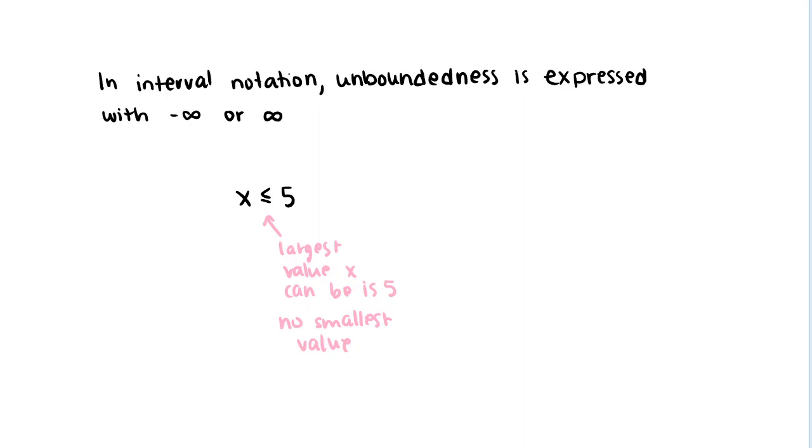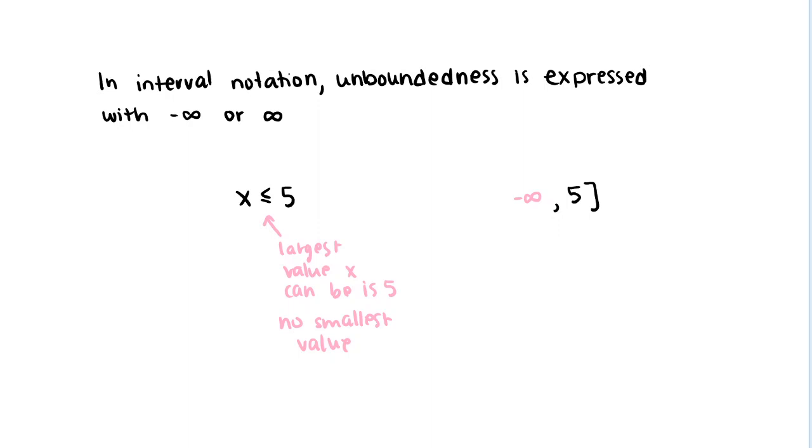And so to capture this in interval notation, here we would have a negative infinity to sort of say there is no limit to how small x can be. There is no lower bound, but the upper bound would be 5. And here we're allowing for equality with 5, so I'm going to include a bracket there.